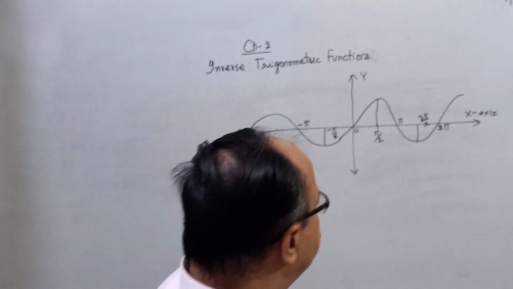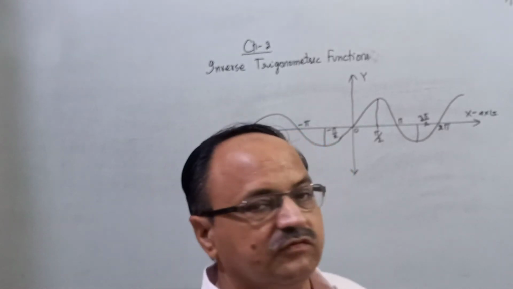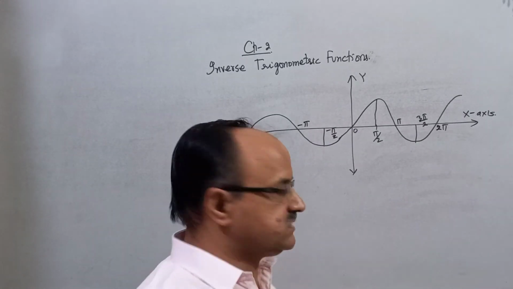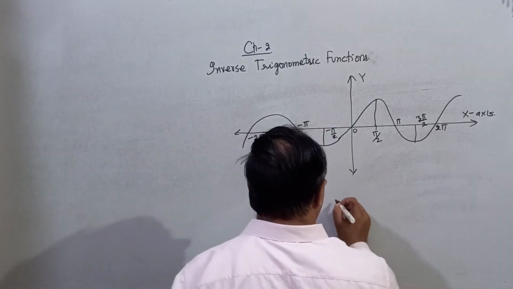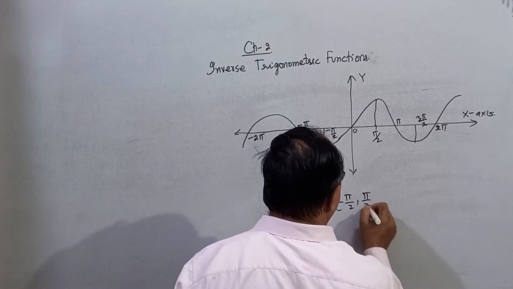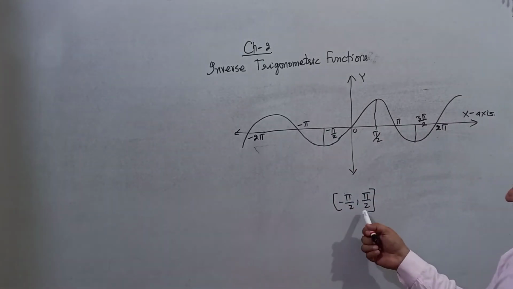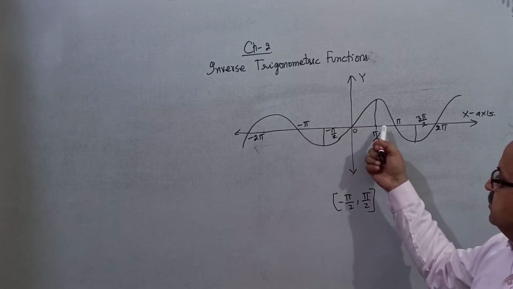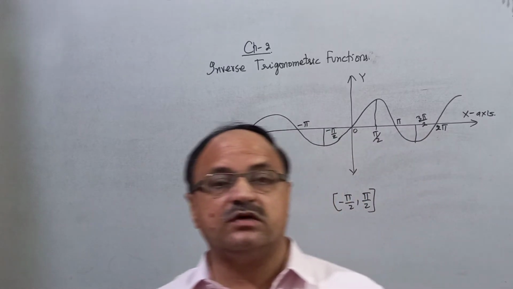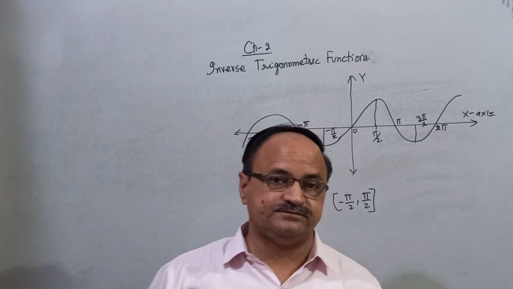It means that the function is many-one, but we want to divide the whole interval into many parts. For example, minus pi by 2 to pi by 2. If we take this interval, minus pi by 2 to pi by 2, in this interval the function is one-one.